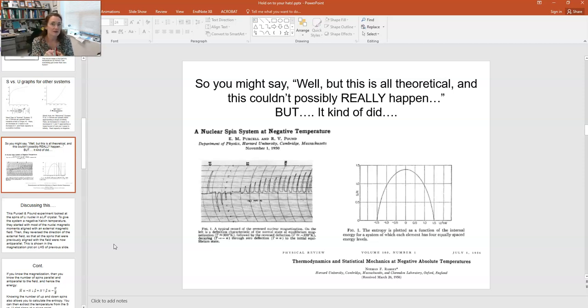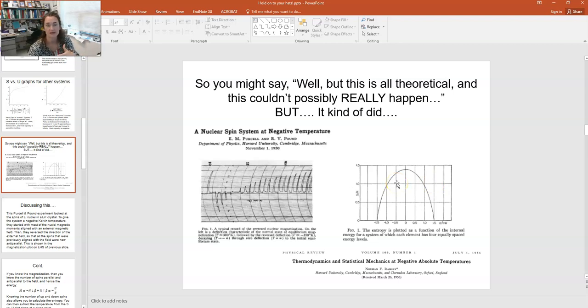Then they flipped the direction of the external magnetic field to point the opposite way. When that happened, most of the nuclear spins were anti-parallel to the field. So we had spin systems aligned anti-parallel to an external field, which, remember, is what got us into this negative Kelvin temperature thing in the first place.